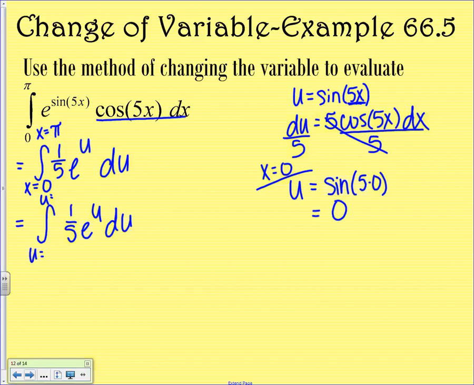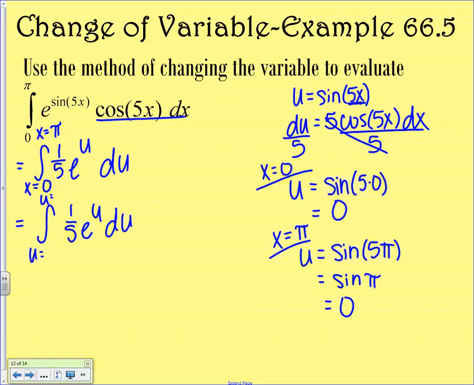And then when my x equals pi, u is the sine of 5 pi, which is the same thing as the sine of just pi, which is 0. So our integration limits are both 0.